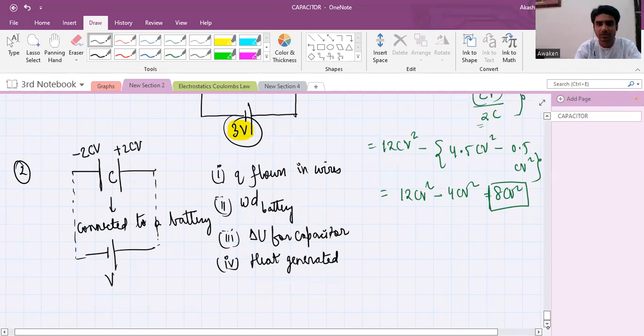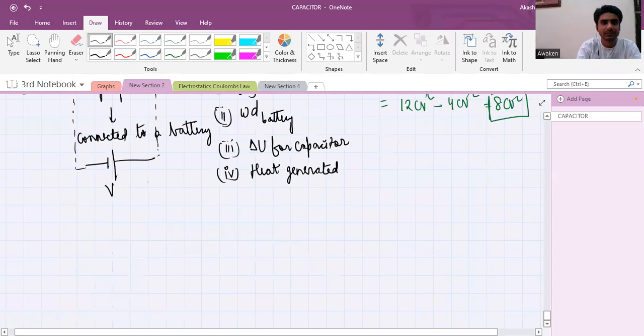What is the final state? Let us draw the final state. The final state will be somewhat like this. Because this is B and this is C, this is the positive plate, and this is the positive side of the battery. The side which is connected to the positive plate will have how much?